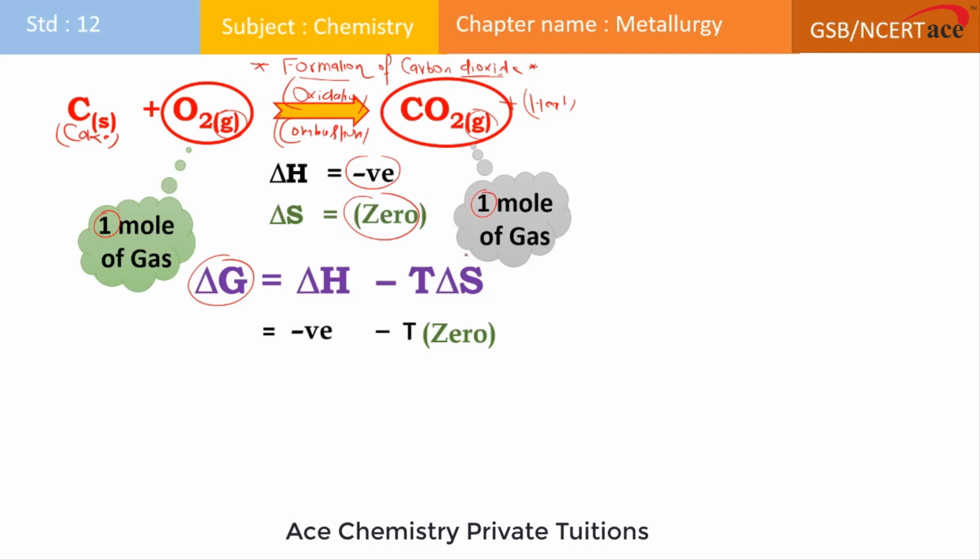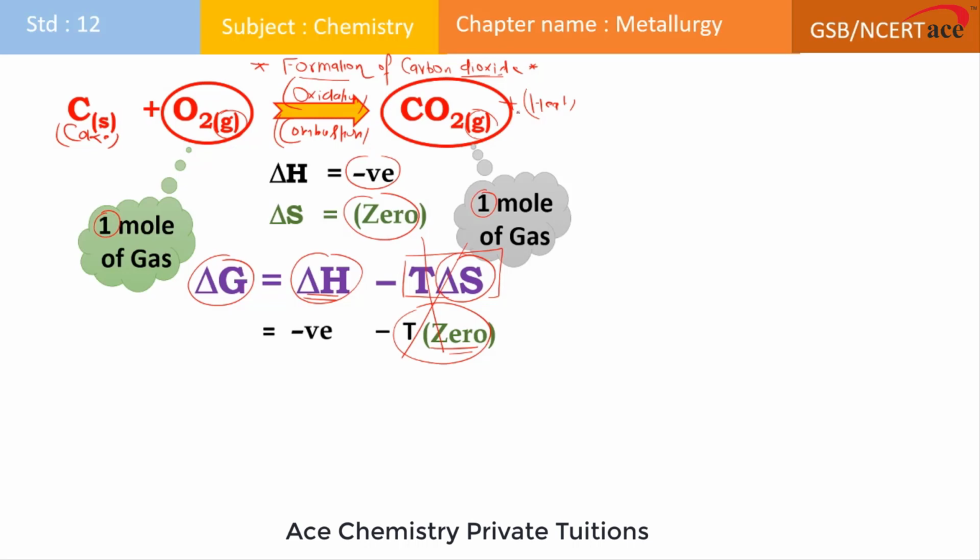As you can see, since the delta S value is 0, when 0 is multiplied with the temperature, this entire part becomes 0. So even if I increase or decrease the temperature, it is not going to affect this part of the equation. Here the delta G value becomes dependent only upon delta H. It is independent of the T delta S term.